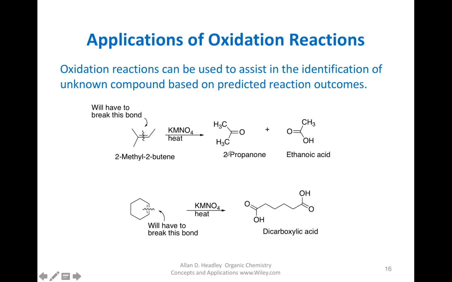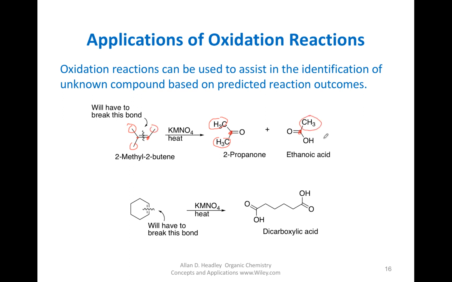So if we had propanone, we know that this carbon here was bonded to this carbon here in a double bond. So we simply make a carbon and they're bonded together. We put the groups on. Here are the methyl groups on that carbon. This carbon here has a methyl group.